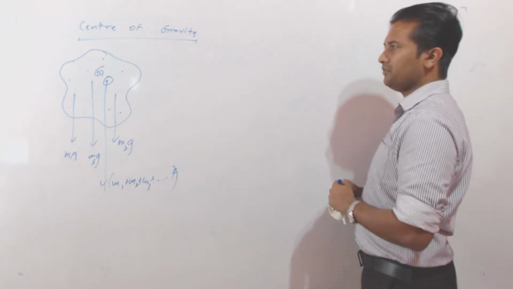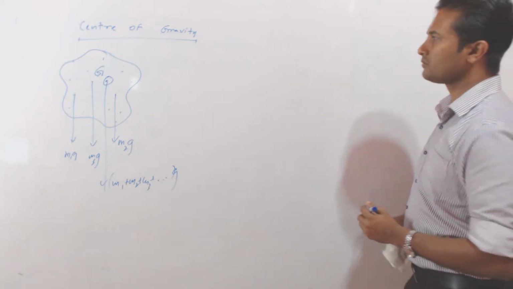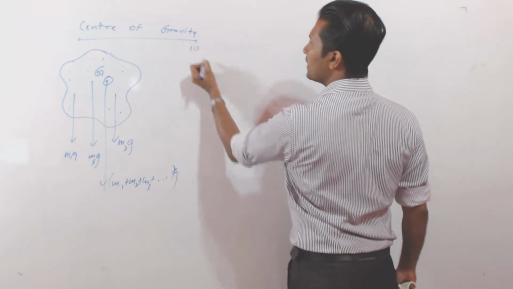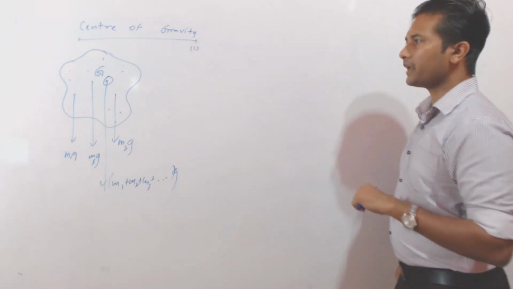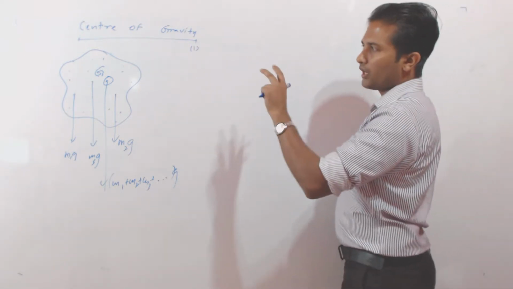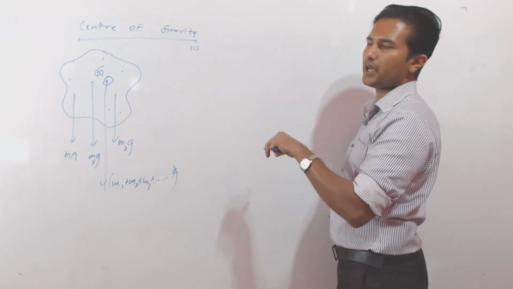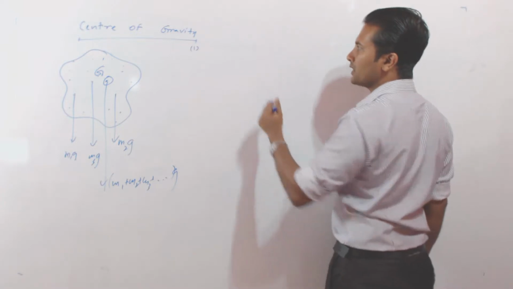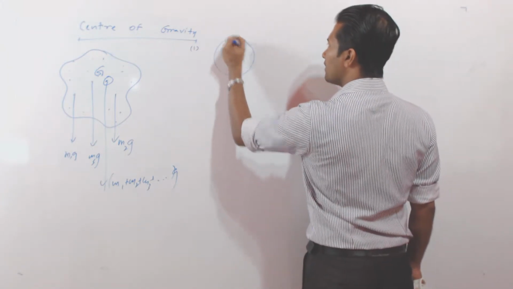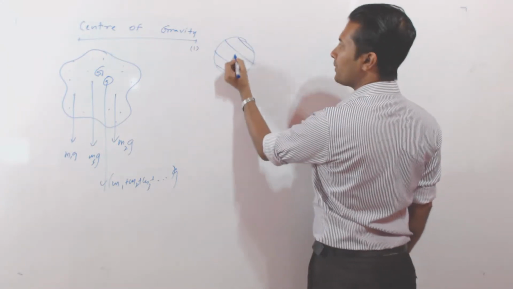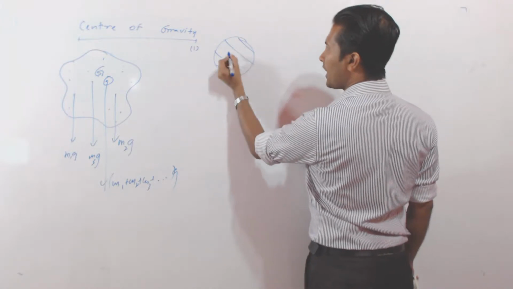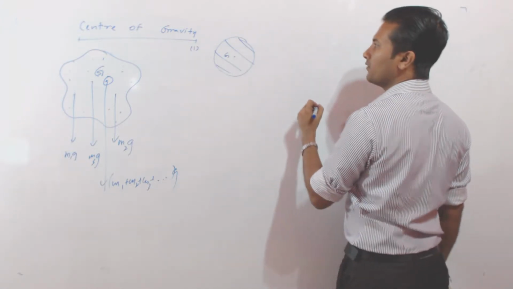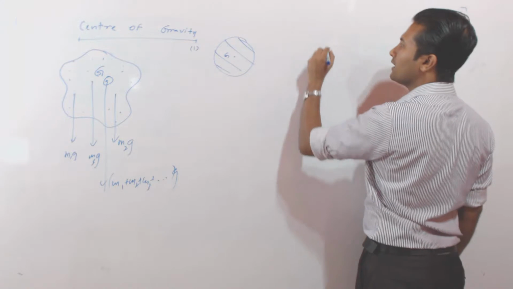What are the features of center of gravity? First one, it could be on the object or away from the object. What would be the example? Considering a circular plate, the center of gravity is at the center, and that is on the material.